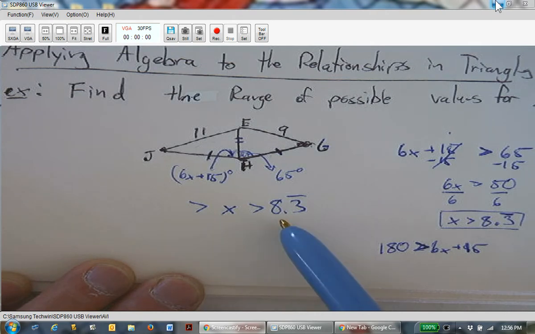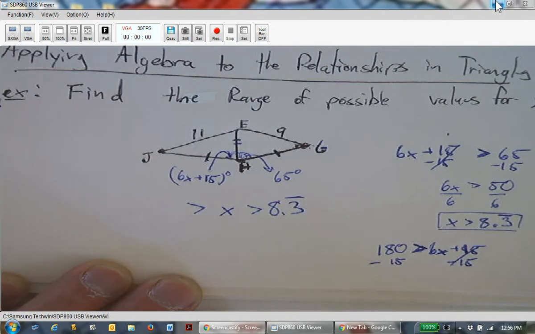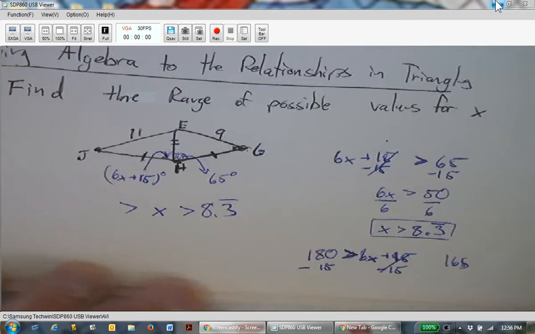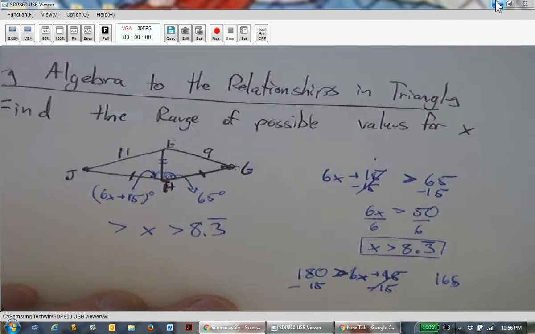X has to be bigger than 8.3, but once we solve for this one down here, minus 15, minus 15, this is what your book says, so that way your book doesn't confuse you, right? 180 minus 15, I believe, is 165. And 165 is equal to 6x, thank you.